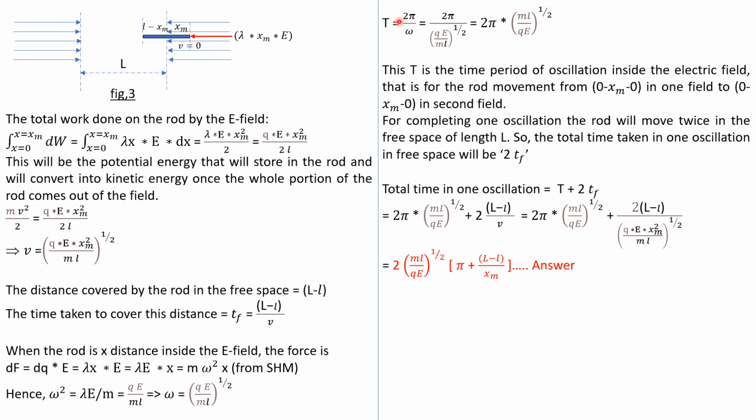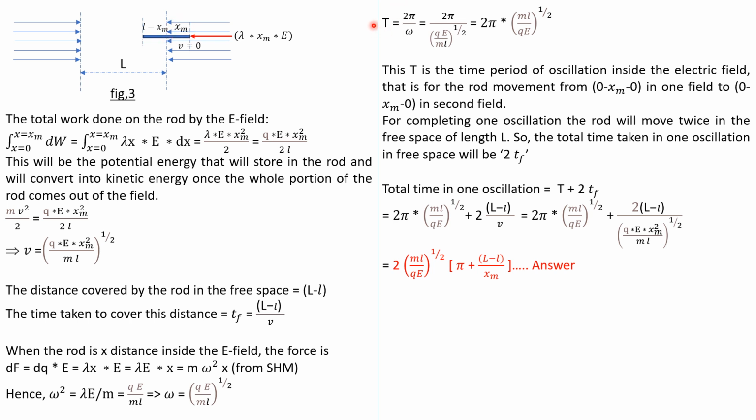What is this time period? Suppose the rod starts moving from this point xm this way, this much time, then it enters here and moves to xm, this much time, then again back to here, this much time, and then again from here to here.